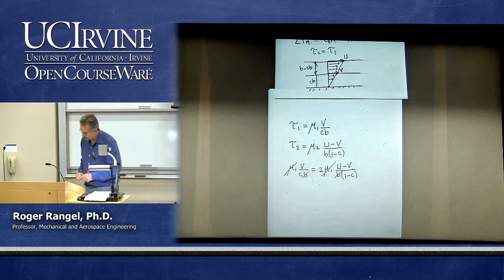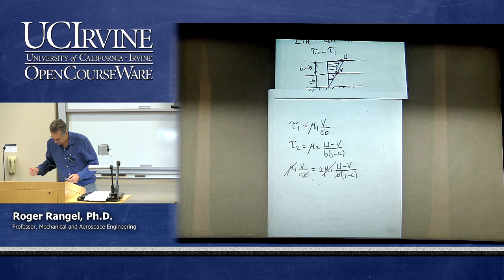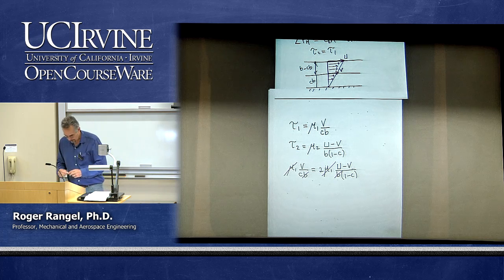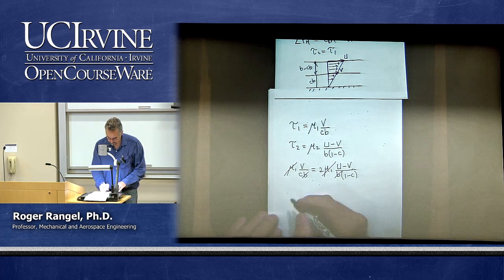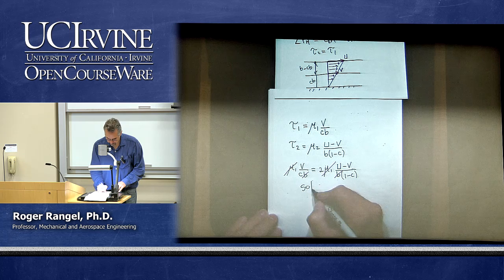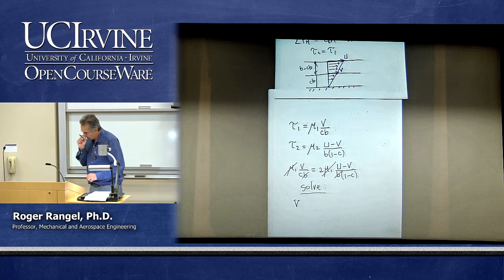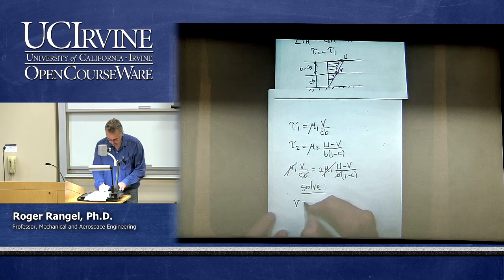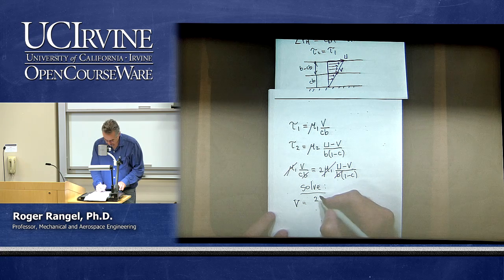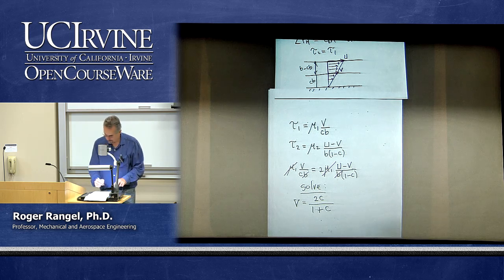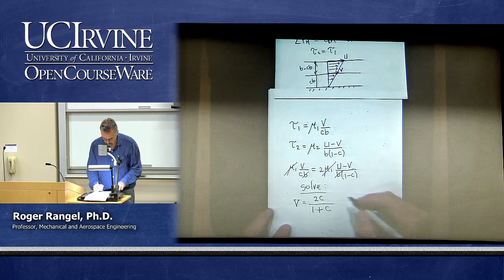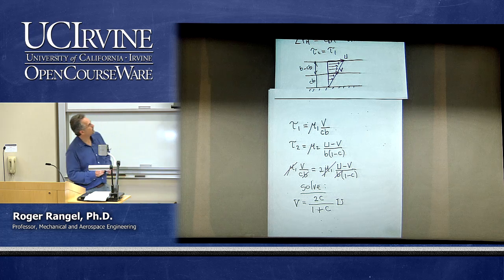And therefore I can solve for V. I'm not going to, this is a simple algebraic solution. If you solve this, you find that V is 2 times c divided by 1 plus c, times U. That's our solution.